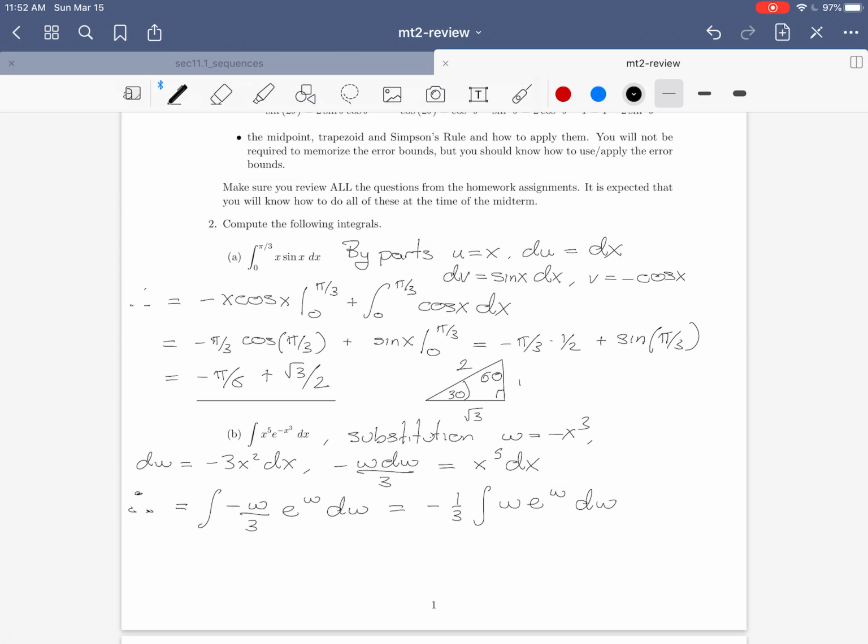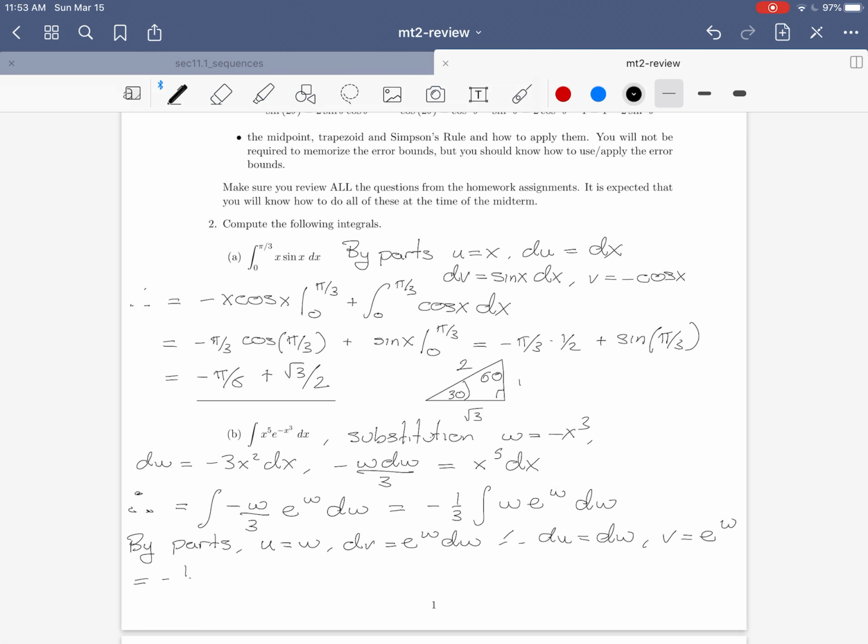So now if we look at this, this is another integral that we want to solve by parts. So let's set u to be equal to w and dv to be e to the w dw. So therefore du is equal to dw and v is equal to e to the w.